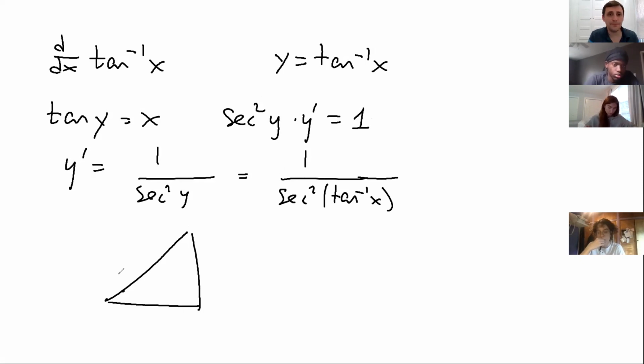This is my tangent inverse x. And what do we get? So if that's my tangent inverse of x, guys, tell me, what do I write? Where do I move my pencil? Here, here, here. Tell me what to write. Help me. What does it mean?